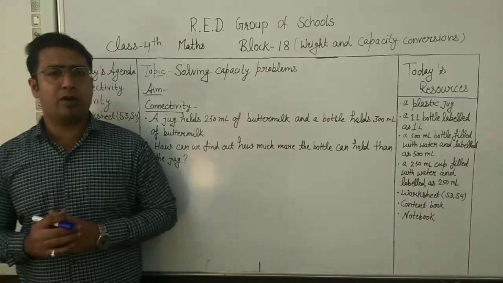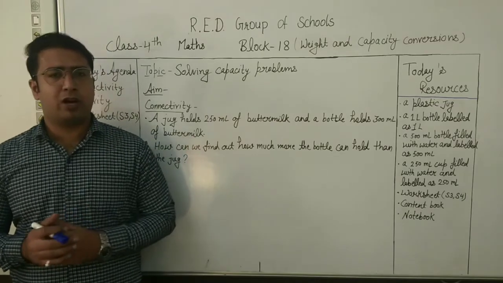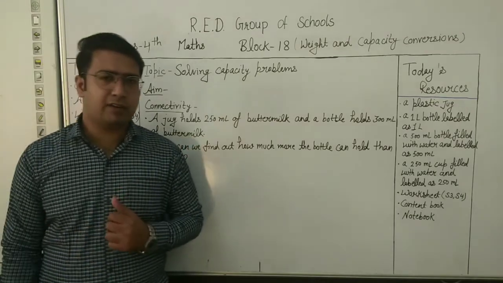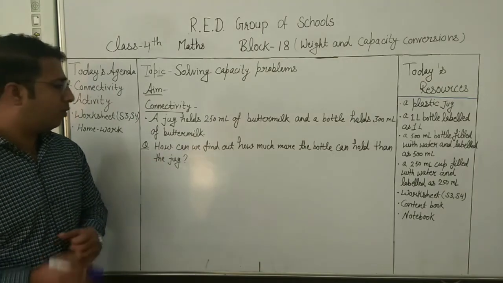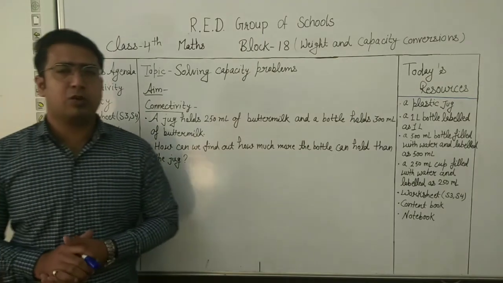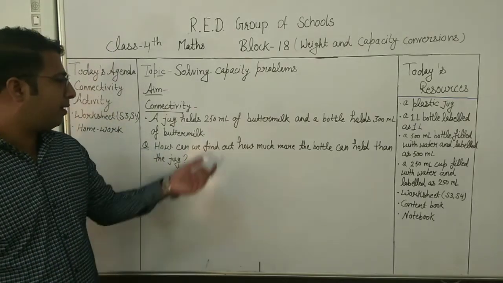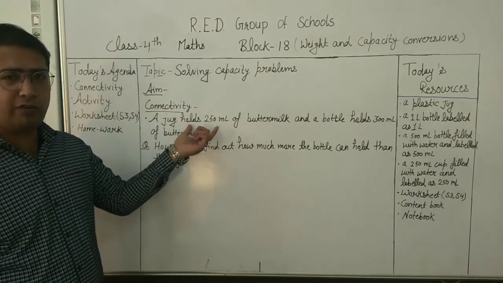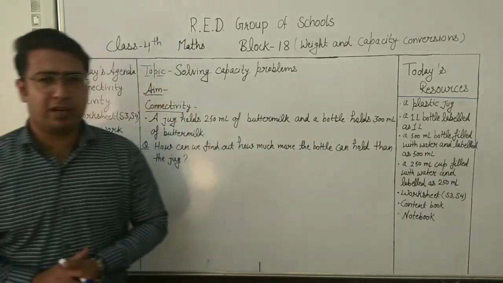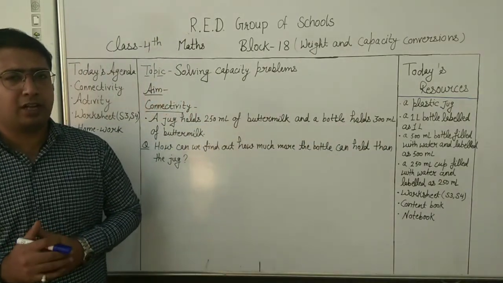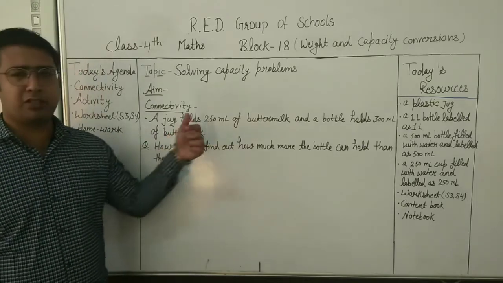Now I hope you have told your answer to your parents, so I am discussing my answer. The question was how can we find out how much more the bottle can hold than the jug. The capacity of the jug is 250 milliliter and the capacity of the bottle is 300 milliliter. So we can subtract the capacity of the jug from the capacity of the bottle.